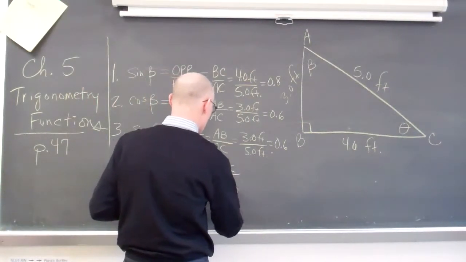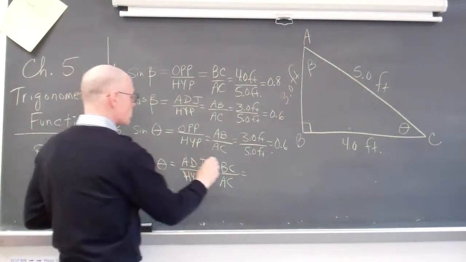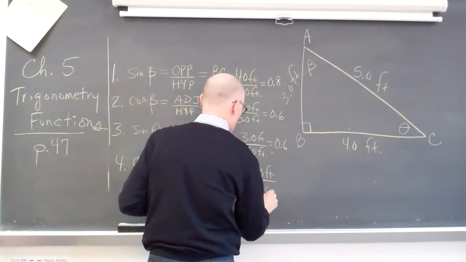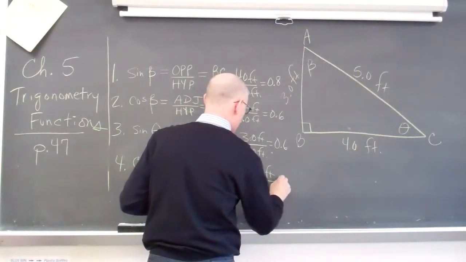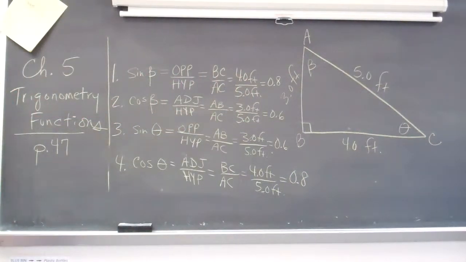Hypotenuse is AC. BC is 4 feet divided by 5 feet, again 0.8. All right, so that's just a little practice in using the definitions of sine and cosine.